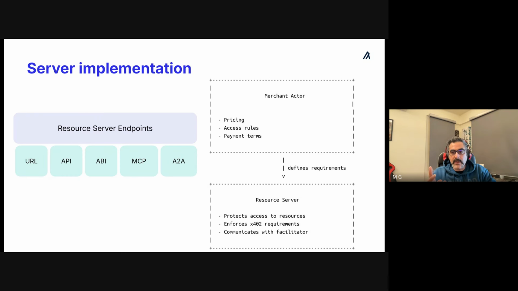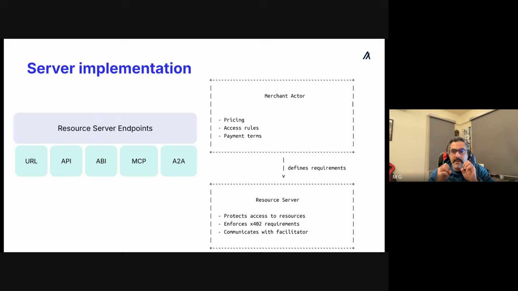This resource server has two main jobs. Number one, protect those resources and give the x402 HTTP status code for each request that comes for that resource. And also, when the response from the end client or end user comes with a valid transaction, which is the actual response to that payment required status we earlier sent, communicate with the facilitator, which is responsible for checking these transactions.